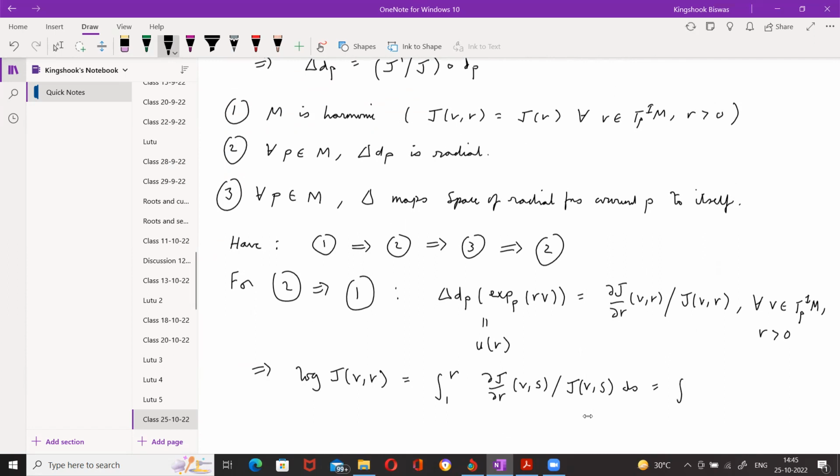This is equal to the integral from 1 to r of u(s) ds. So this does not depend on v, right? Therefore, the right hand side is independent of v.